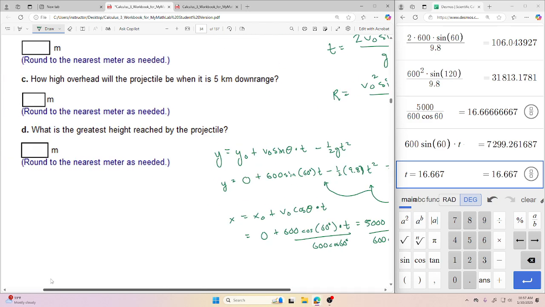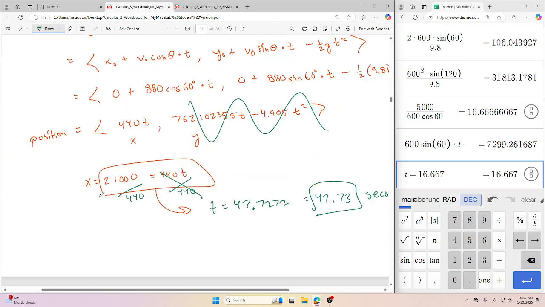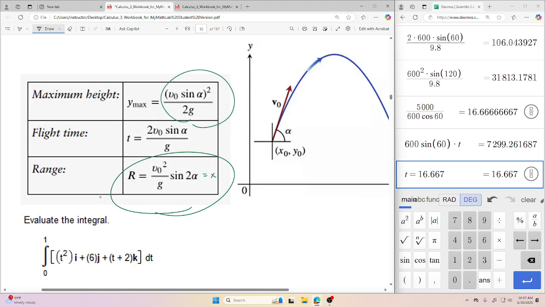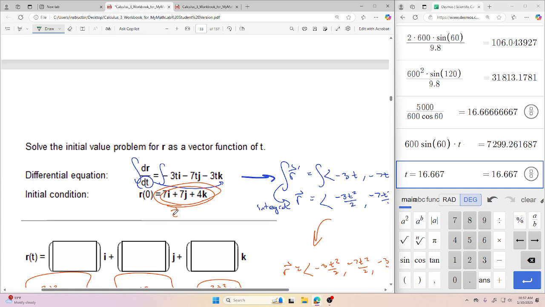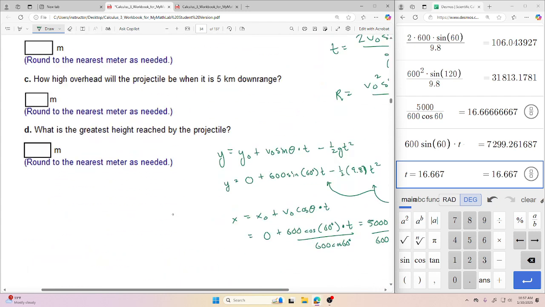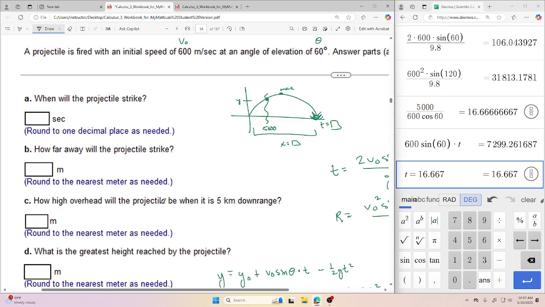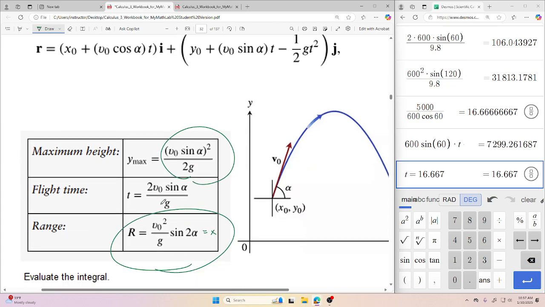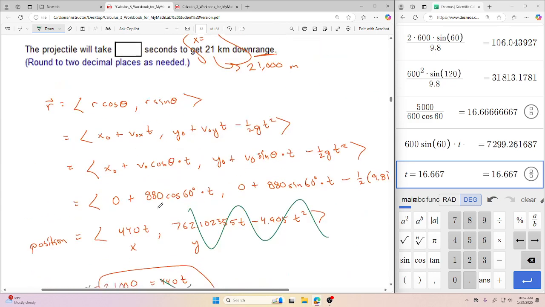The last one's just a formula, isn't it? It says the greatest height. I'm sure there's a formula for that. Yeah, right there. Look, boom, we got it. So v naught sine theta all squared, and then divided by 2g. So v naught sine of 2 theta all squared. No. Is it 2 theta? For the max height, it's v naught sine angle.